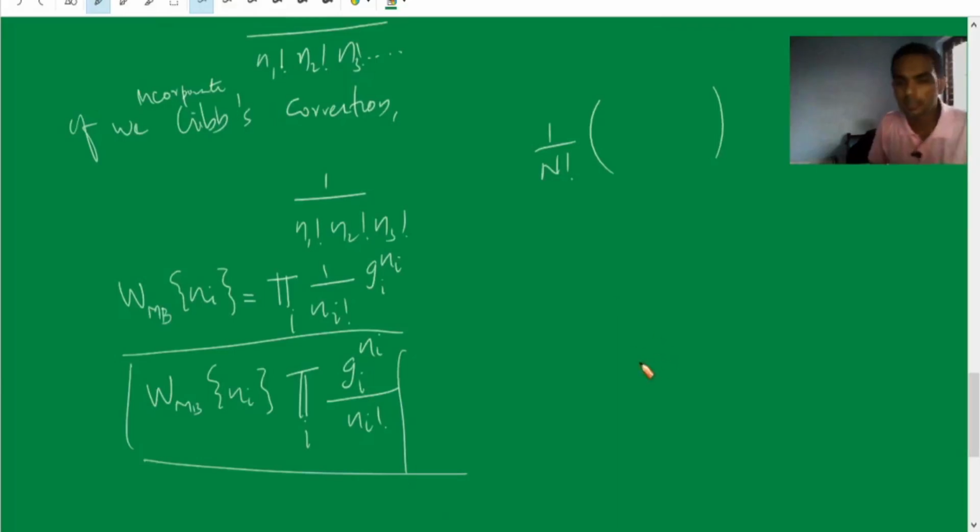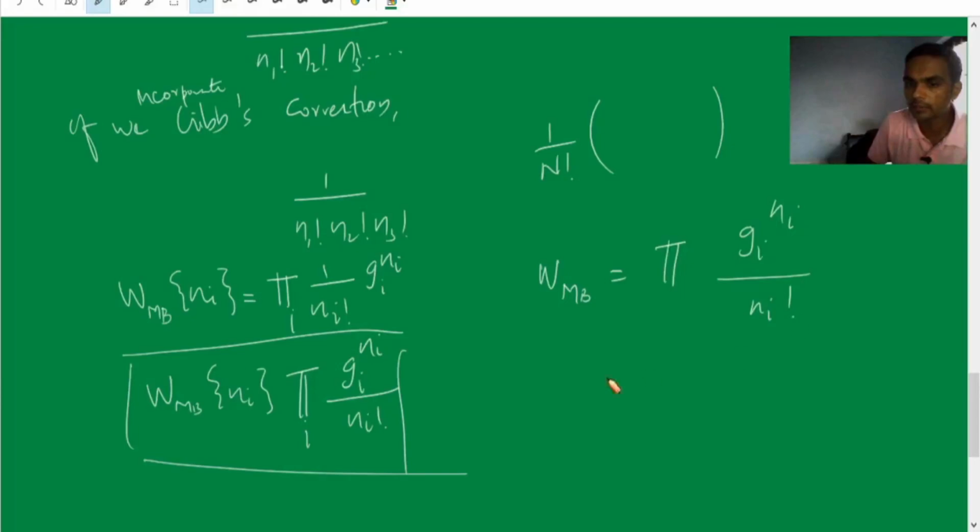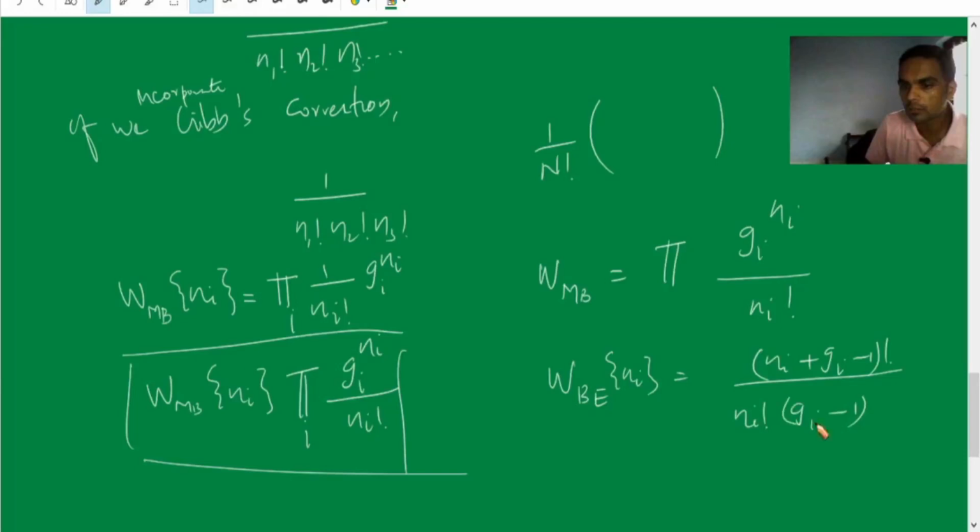So we have discussed all the 3 cases of gaseous systems. One is Maxwell-Boltzmann, where WMB is equal to the product of Gi power Ni divided by Ni factorial. Then W of BE for a distribution set Ni is equal to Ni plus Gi minus 1 factorial divided by Ni factorial Gi minus 1 factorial.